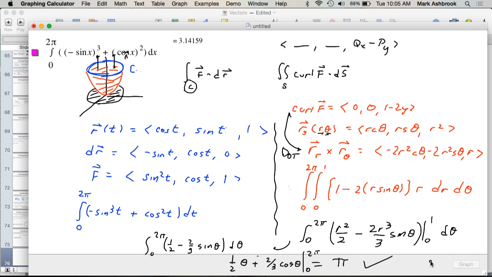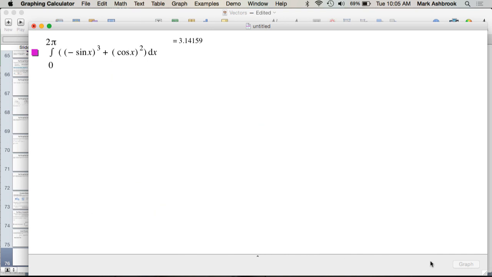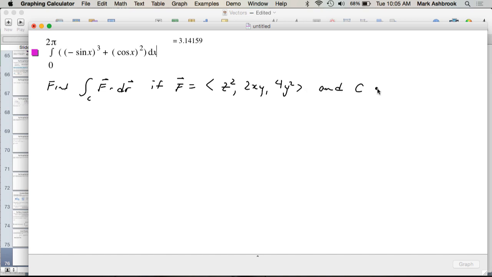Can I erase? So here I want to find the circulation if F equals z squared, 2xy, 4y squared, and C is the counterclockwise triangular path shown.